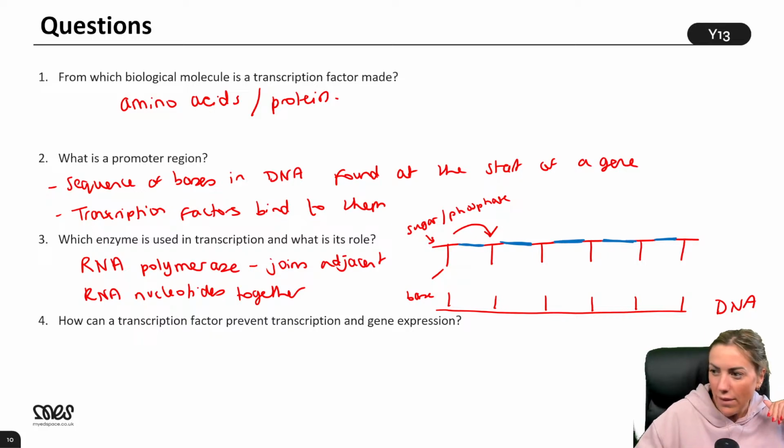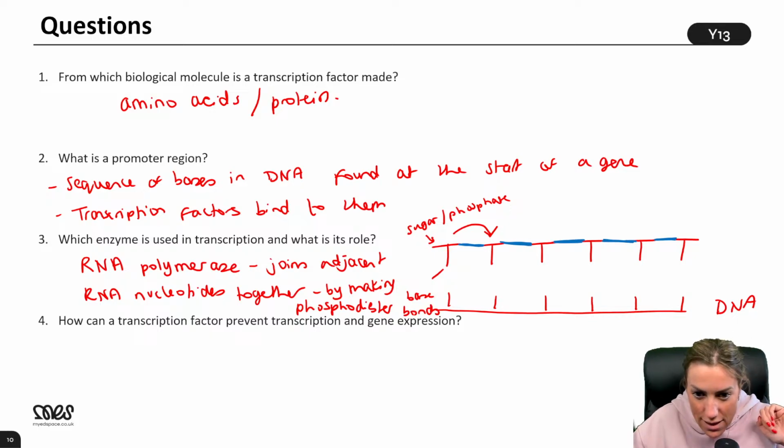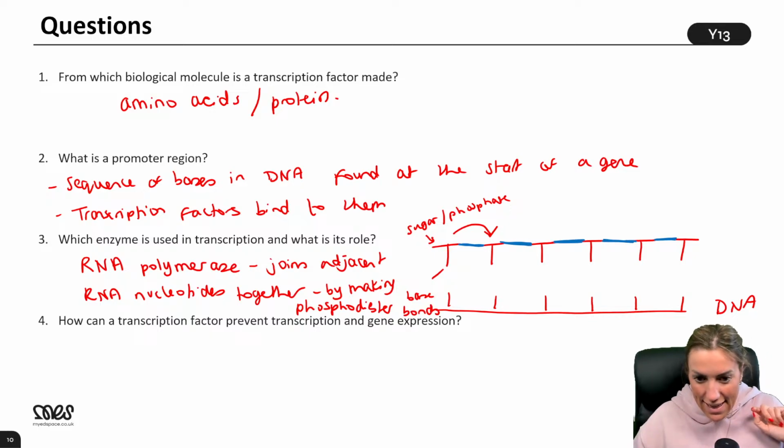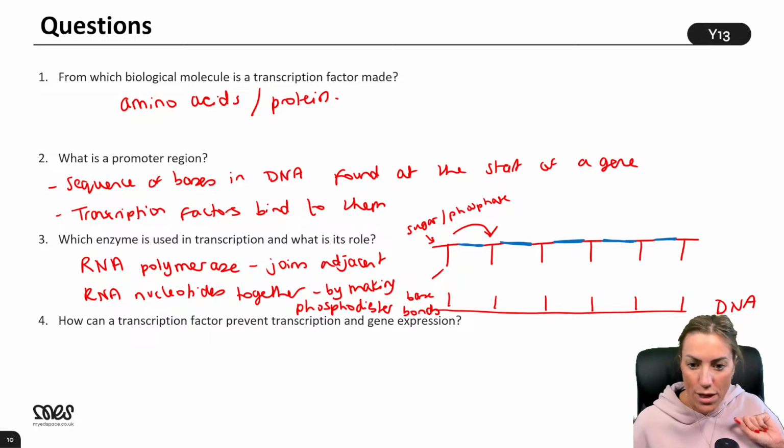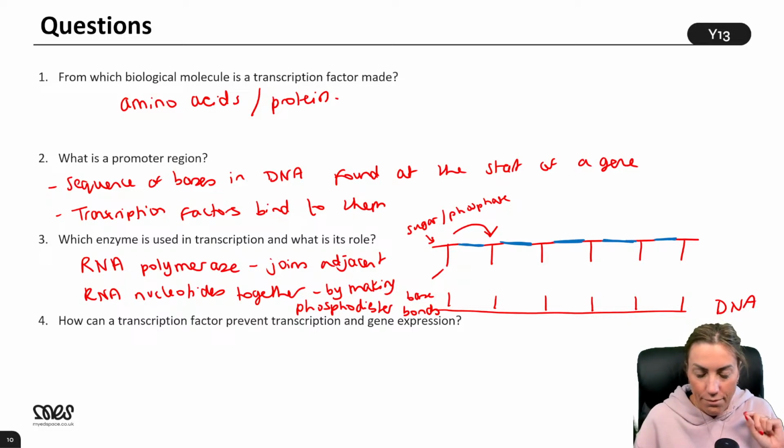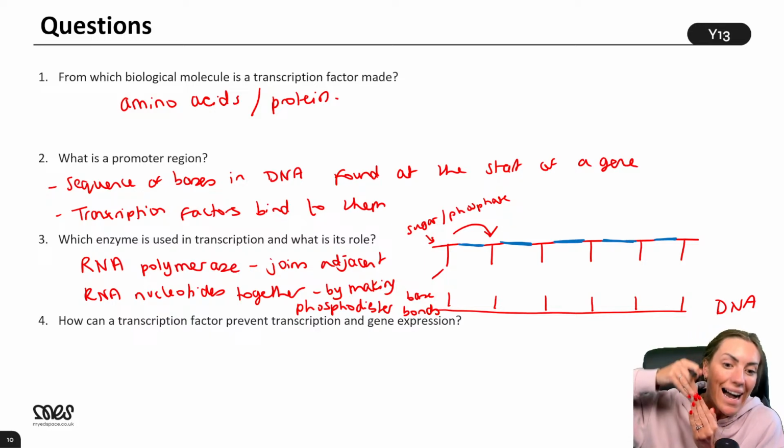And what kind of bond? We need to name the bond. So we're going to say by making phosphodiester bonds. Hope you can read that okay. Inc is talking about anticodons joining to codons. So anticodons joining to codons is in translation, and that is just through hydrogen bonding.